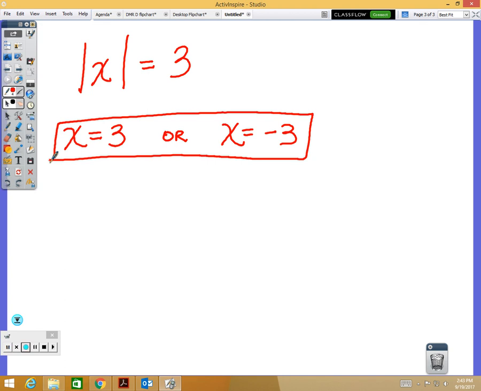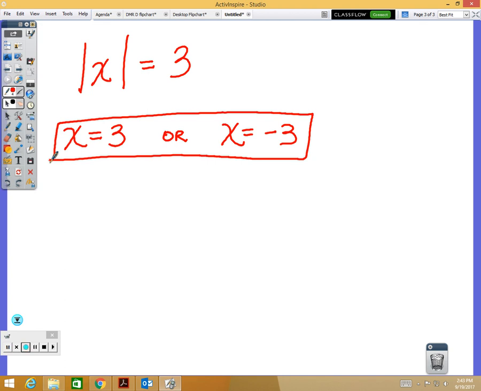So any questions about that before we get into problems that have a little bit more than one step? Okay. X equals 3 or x equals 4 would be a possibility. Not this problem.